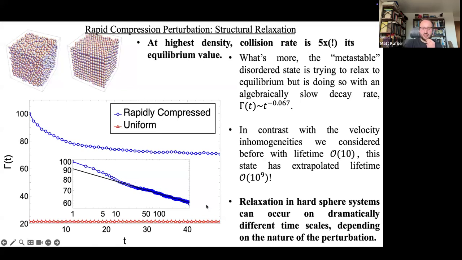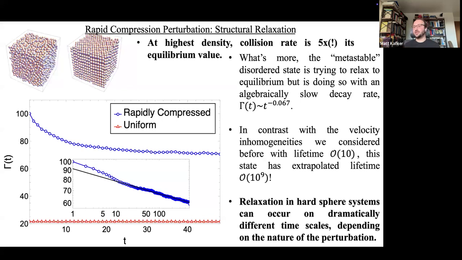After this initial transient, there's some power law kind of decay to the collision rate, but the power is 1 over t to the 0.067. So if you want to be generous and extrapolate that curve and say, yeah, it'll eventually reach equilibrium, it'll take like 10 to the 9 time units, something like that. But really, it's basically arbitrarily long to reach back to the equilibrium state.